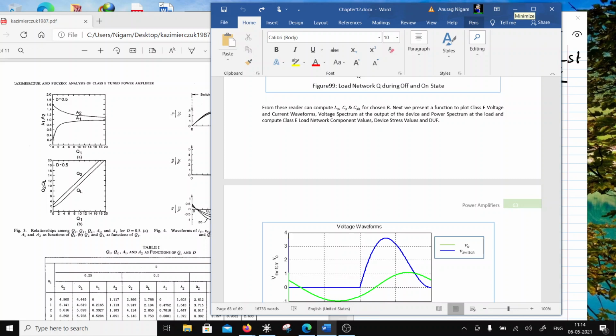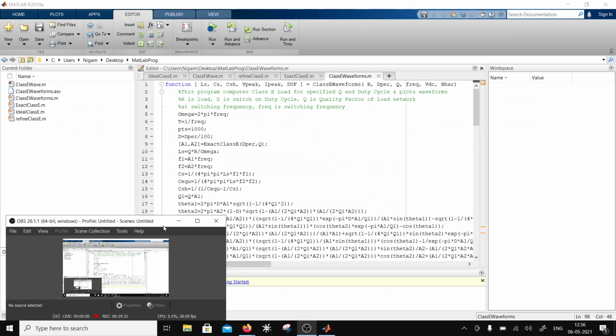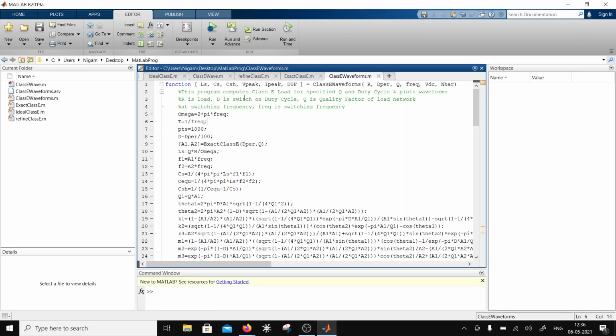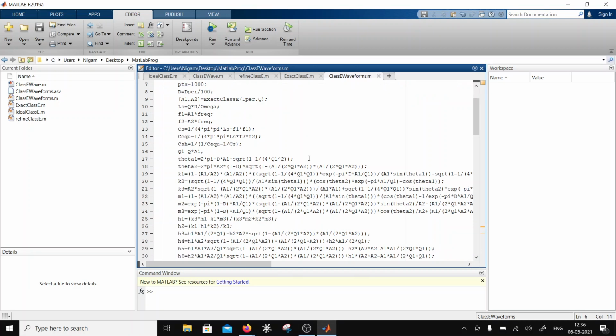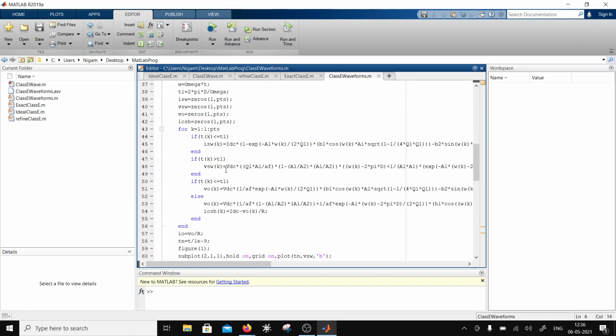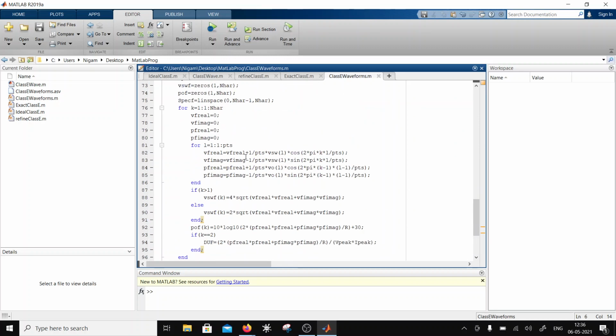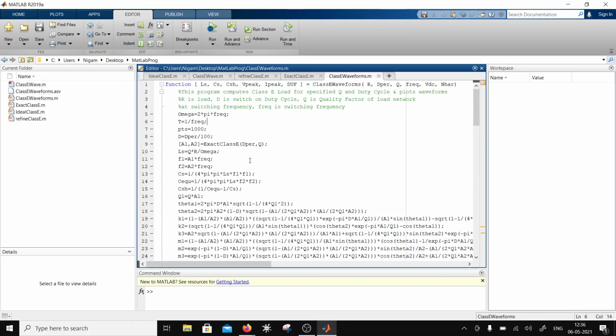So let me put you on a pause. Okay, so I have written the code. I've coded those equations and sought a numerical solution of this A1 A2, and based on that I have plotted the waveform. So this is the MATLAB code doing that.